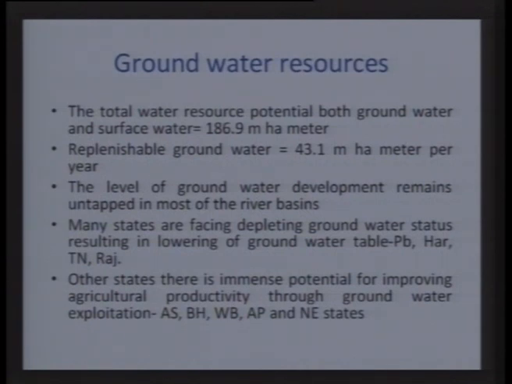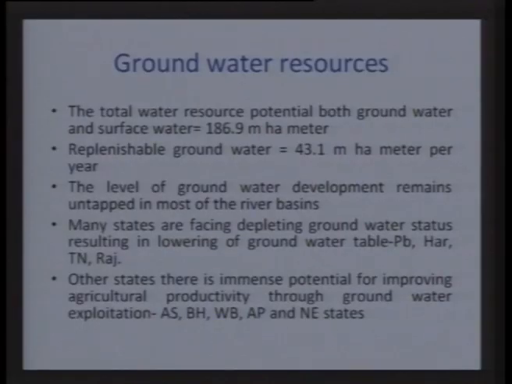There are other parts of the country, other states, other regions where there is an immense potential of improving the agricultural productivity through groundwater exploitation. There are various parts where the groundwater situation is quite good, and there is a need for exploitation of this groundwater potential in order to raise the agricultural productivity. States where this phenomenon is observed are Assam, Bihar, West Bengal, Andhra Pradesh and northeastern states.